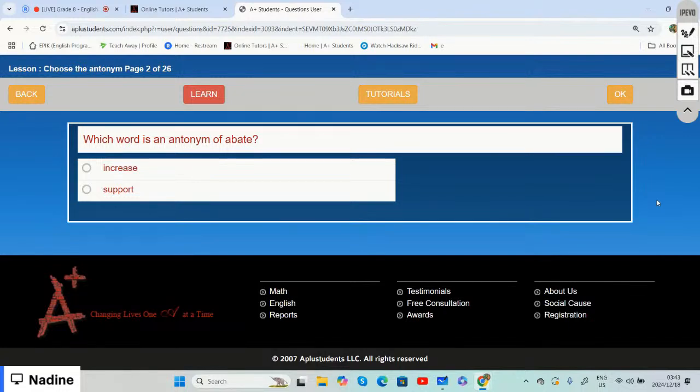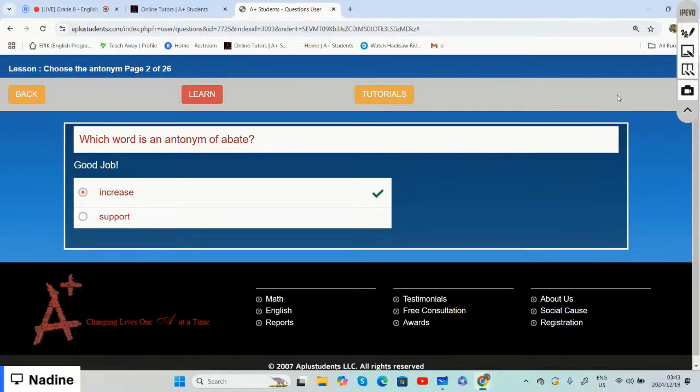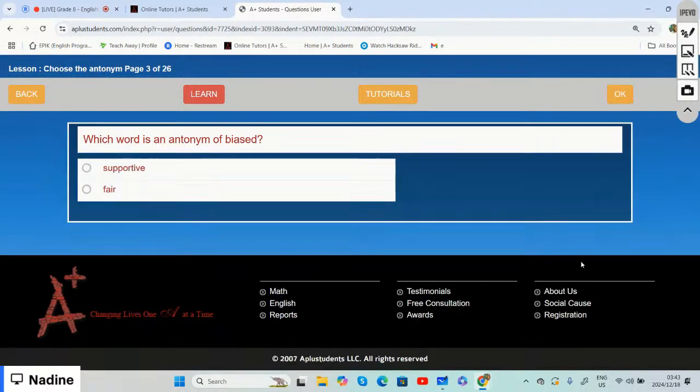If we were to identify the antonym of abate, then we would say it is increase.